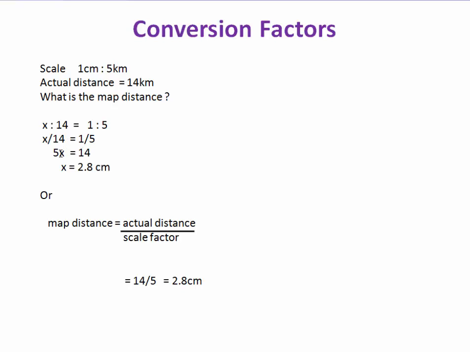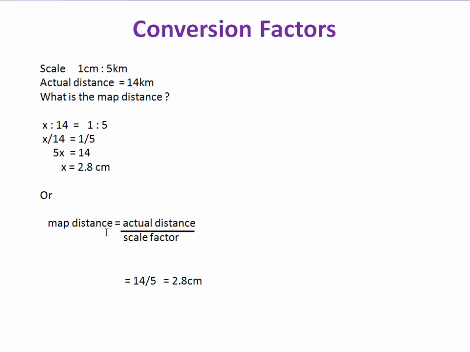So 5x equals 14. Divide by 5 on both sides, we get x equals 2.8 centimeters. So our map distance would be 2.8 centimeters.